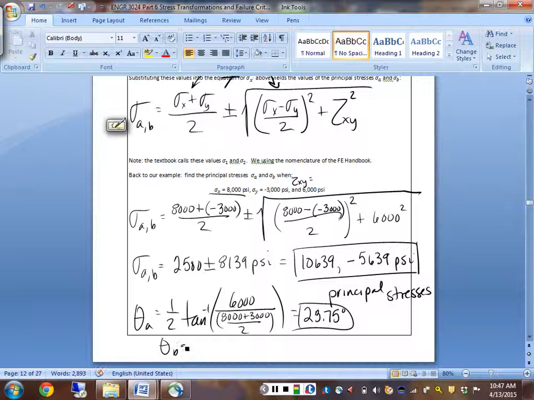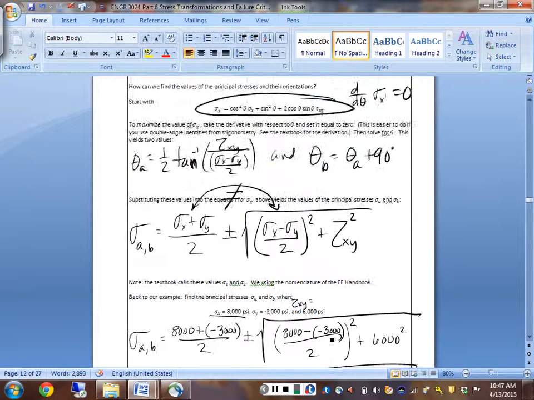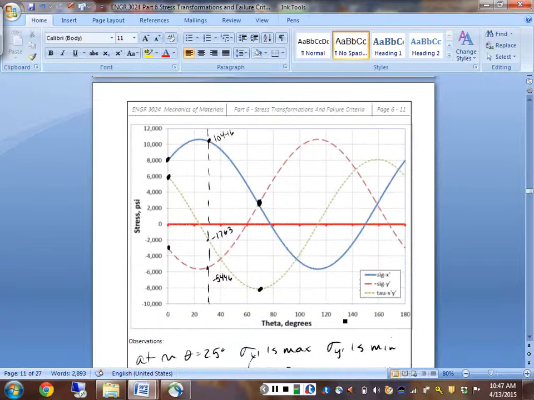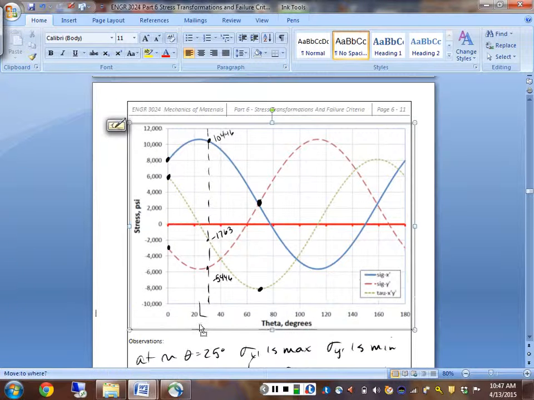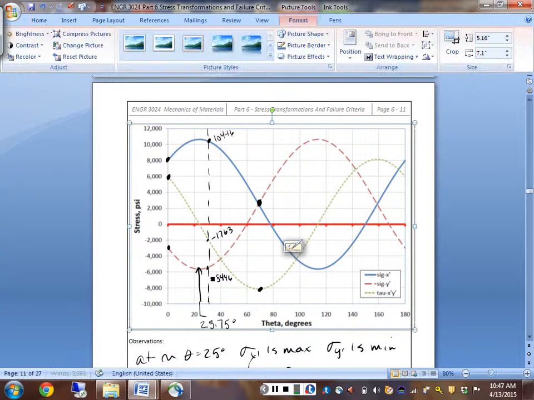And theta B, 23.75 plus 90 is 113.75. So if I come back here, 23.75 degrees is that location.